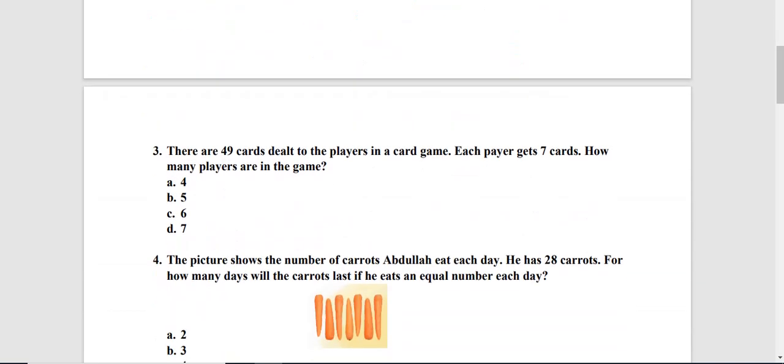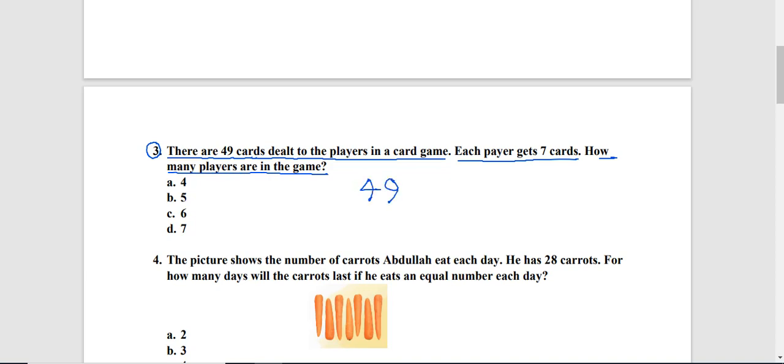Question 3. There are 49 cards dealt to the players in a card game. Each player gets 7 cards. How many players are in the game? So in total, there are 49 cards.